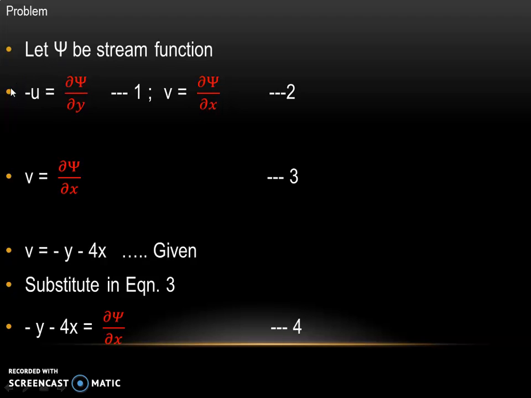To begin with, we will write down the equations which relate the velocity components given in the problem and psi. So the equation is minus u equal to ∂psi/∂y. Let this be equation number 1, and second is v is equal to ∂psi/∂x. The steps followed to get the expression for psi are the same as those we used for phi.